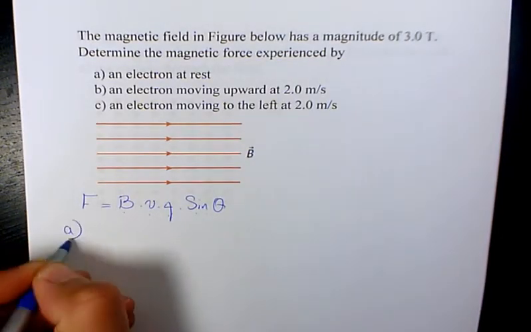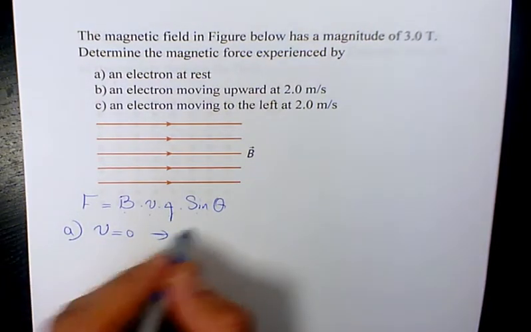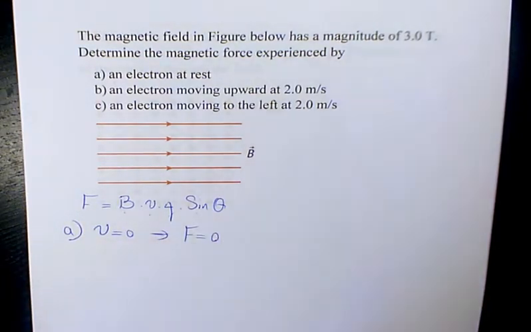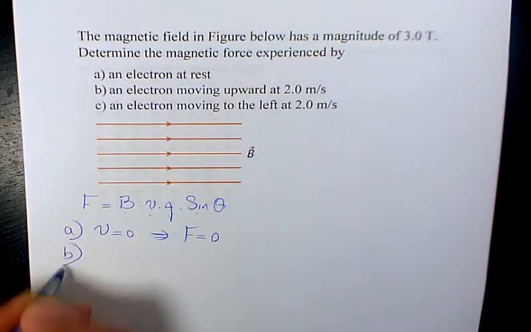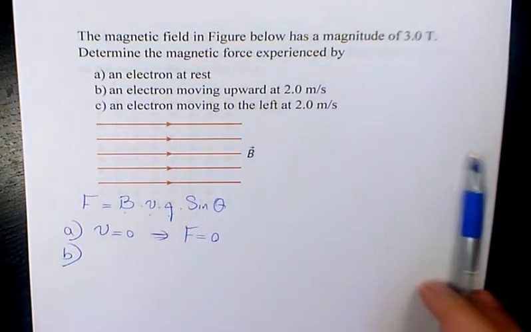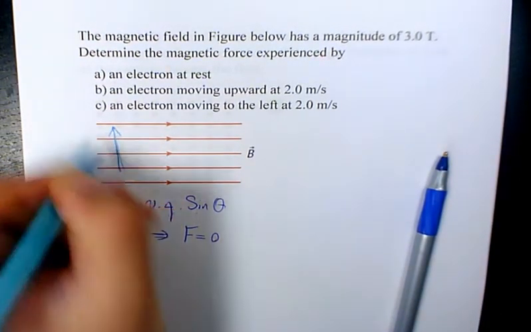So A, it says electron at rest, it means that V is 0, so it means that F is 0 as well. So when an electron or any charged particle is at rest, there is no magnetic force. B, electron moves upward at 2 meters per second.